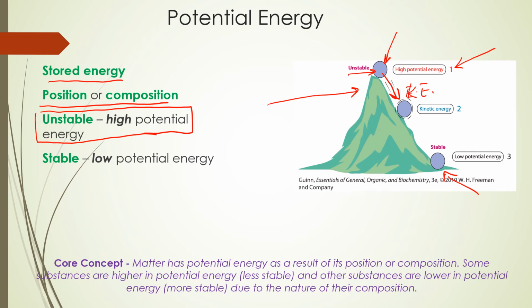So all the potential energy was transferred into kinetic energy, and once it came back to rest, the kinetic energy was lost while it was traveling, to friction and to something else. Then when it is at rest at the bottom, it doesn't have any kinetic energy and it doesn't have any potential energy. So now this object is as stable as it can be. It has low potential energy, so that means it's stable.